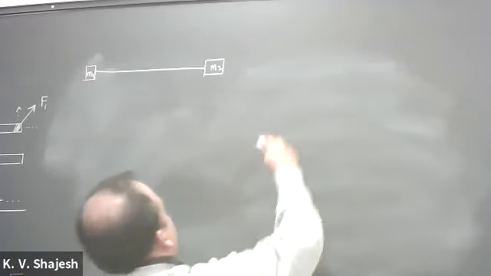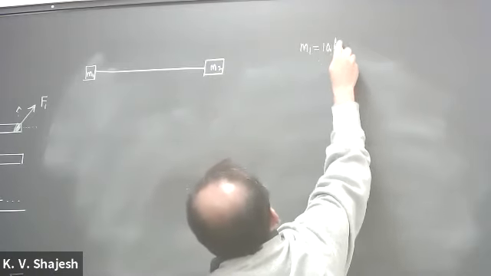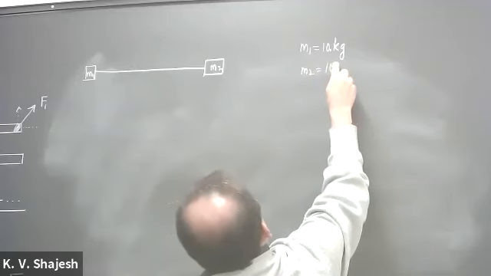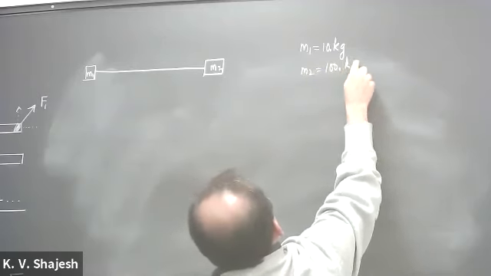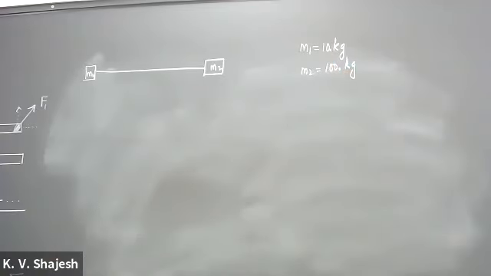Let us say M1 is equal to 10 kg and M2 is equal to 100 kgs. I put two significant digits in M1 with the dot in.